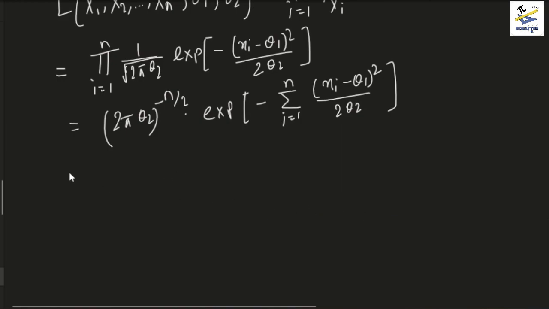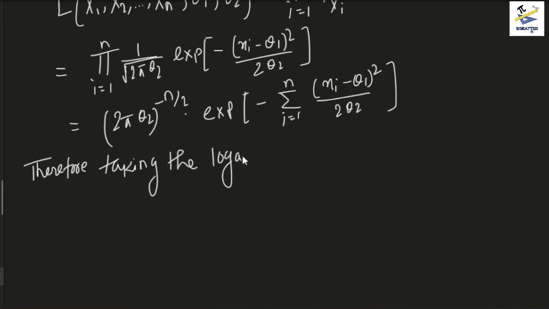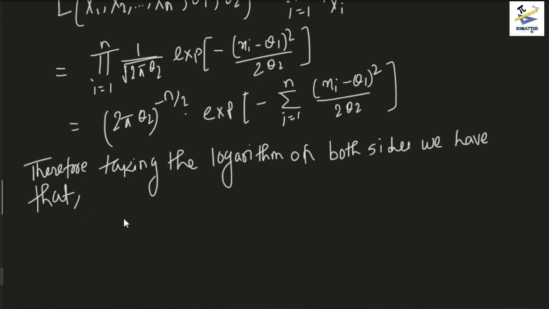Now, taking the logarithm on both sides, ln of L should be equal to minus n by 2 ln of 2 pi theta 2, not a plus actually, because we have exponential of minus.